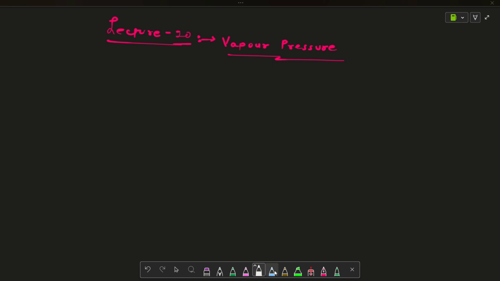Okay, so let's discuss vapor pressure quickly. What's vapor pressure? Vapor pressure is the pressure at which a liquid boils and is in equilibrium with its own vapor.